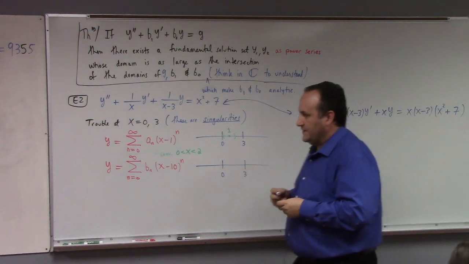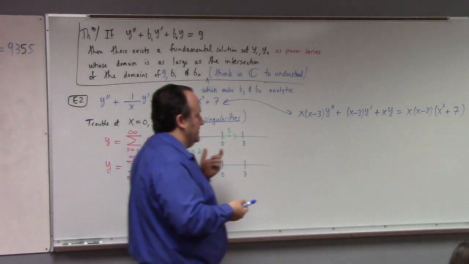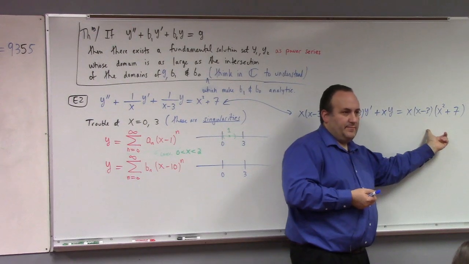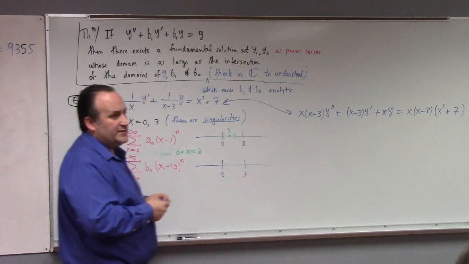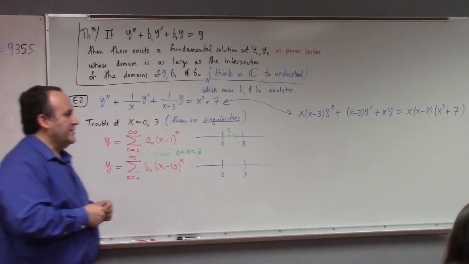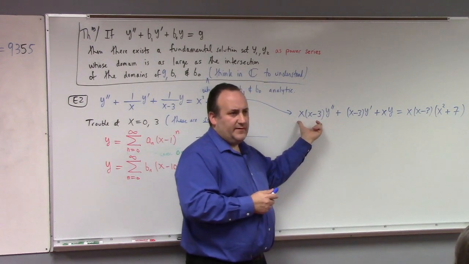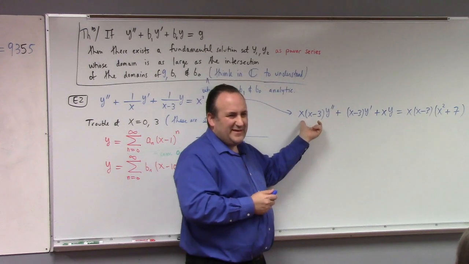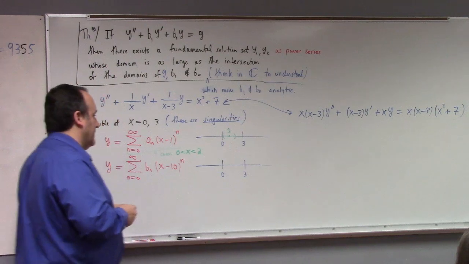I mean, they're very much related. But to be fussy, I would say that 0 and 3 are in the domain of this differential equation, but they're also weird points for that differential equation. They're called singular points for the differential equation. If your differential equation is written this way, if you make the leading coefficient of the differential equation 0, that makes it a singular point. It's not really a second order differential equation if you do that, right? So things break down in that regard.